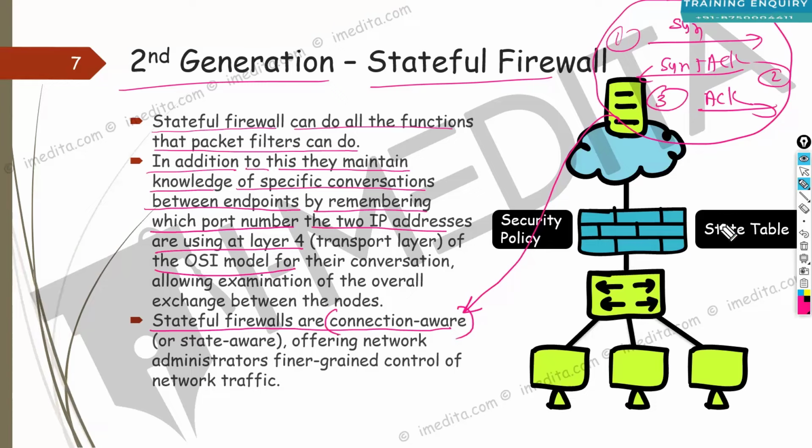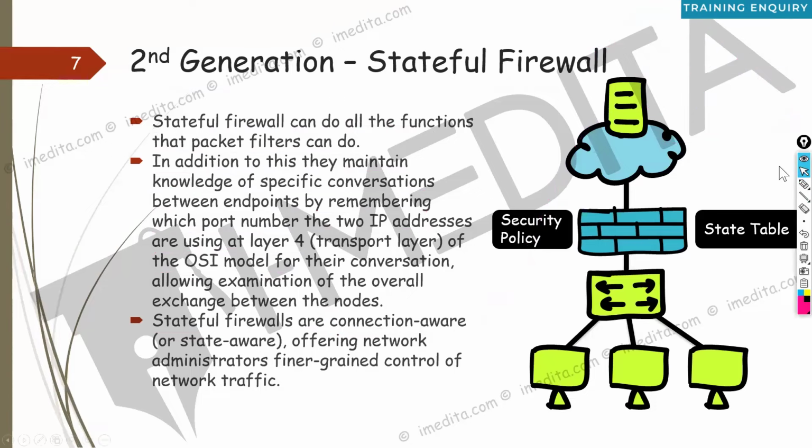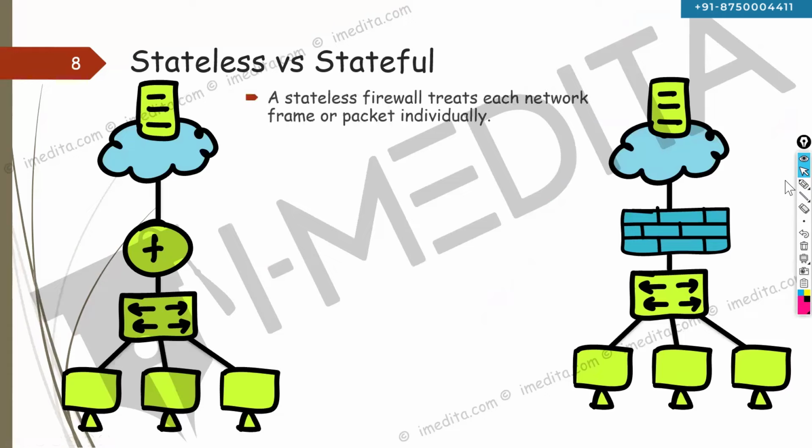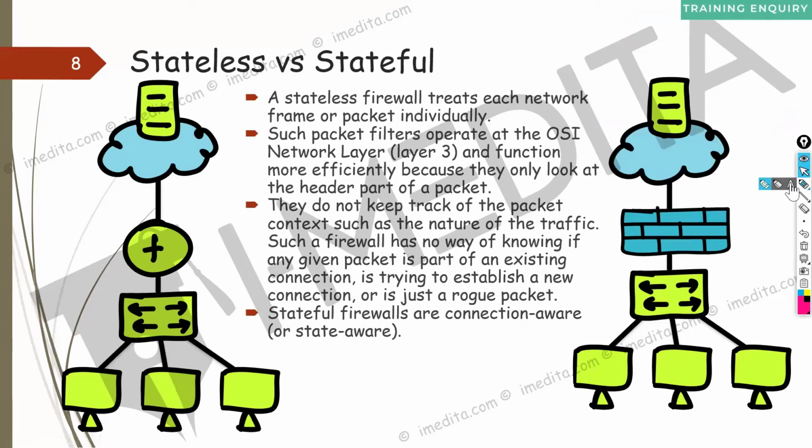Got it? Next we have the difference between stateful and stateless. Someone asked me previously before the break, what is the difference between stateless and stateful? So the main difference is this: stateless firewalls do not keep track of packet context, such as the nature of the traffic.